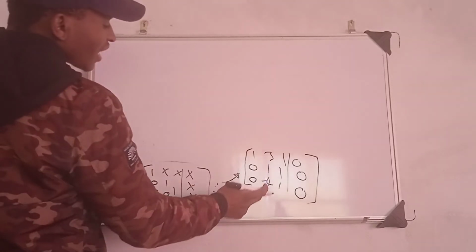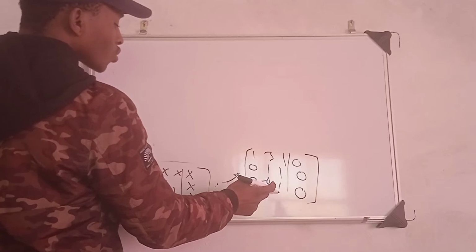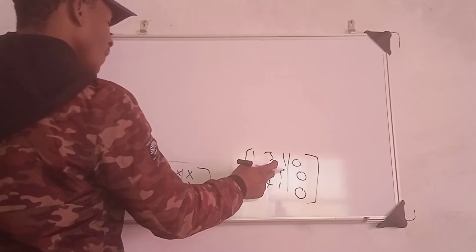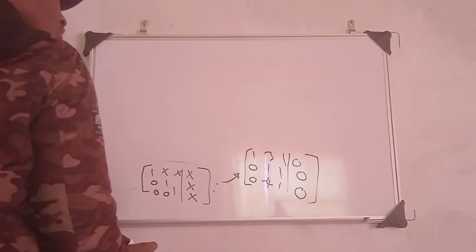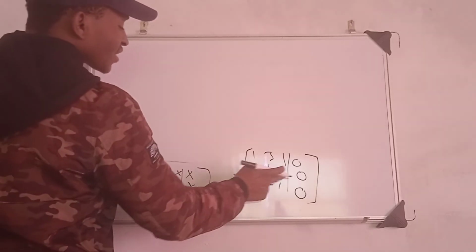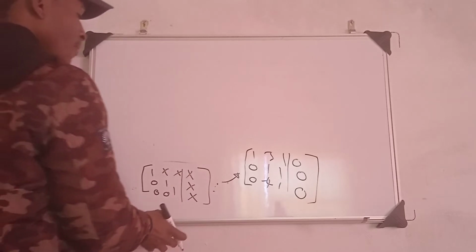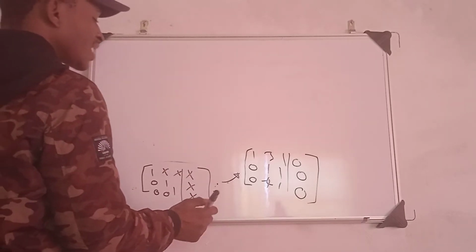But what can I do to actually get 0 here? I can try this again and again, but it will be just a waste of time.